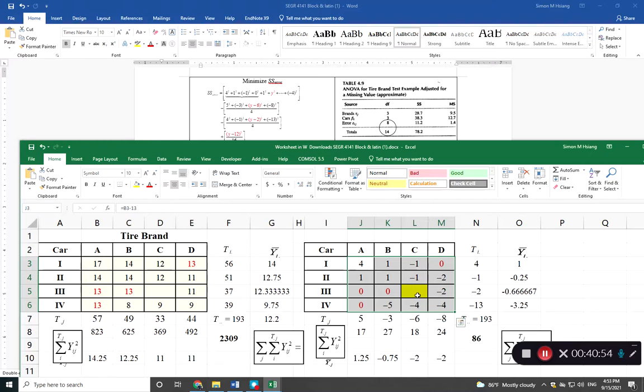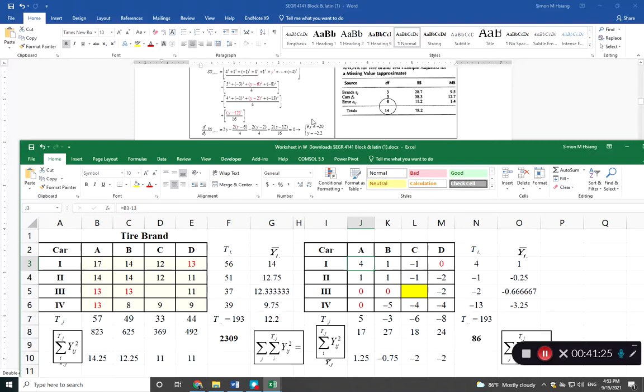If I call this missing value y, everything minus, plus is y squared. This is overall. So I have 16 values here squared, including a y squared. And then I can have the Brand error, so add the Brand error back 4 times, and the car error back 4 times.